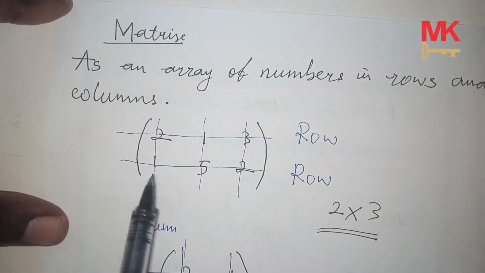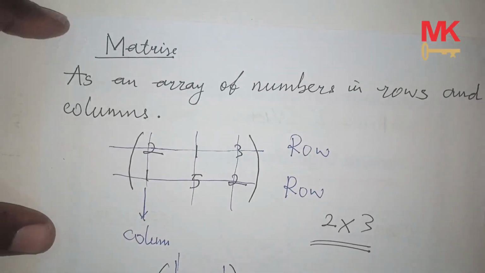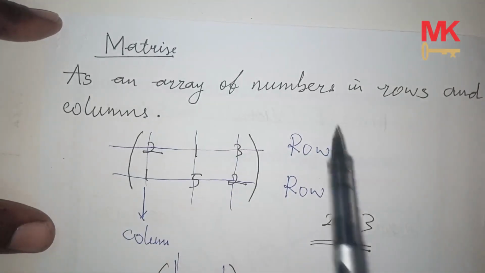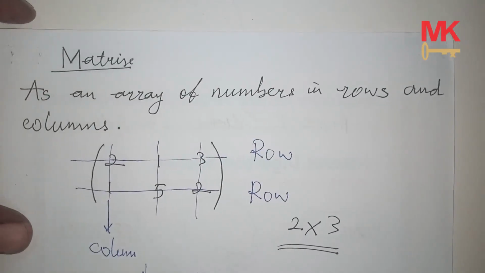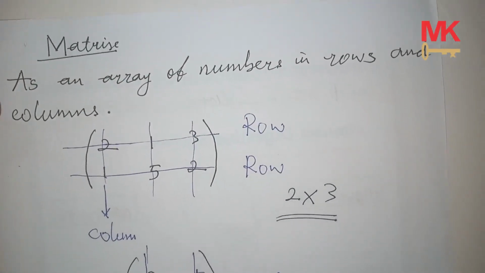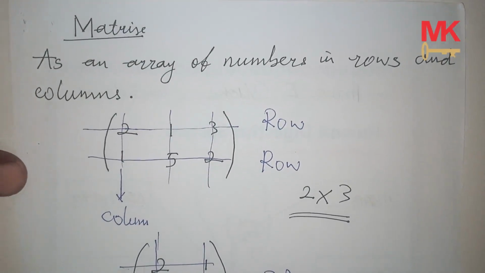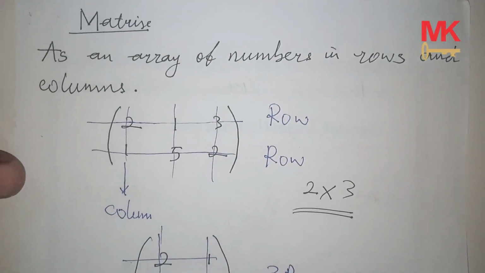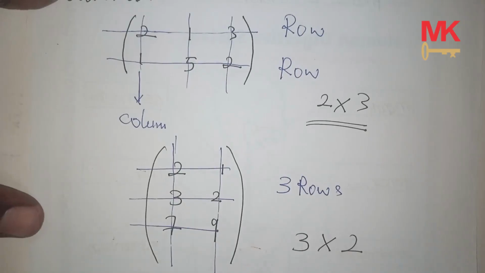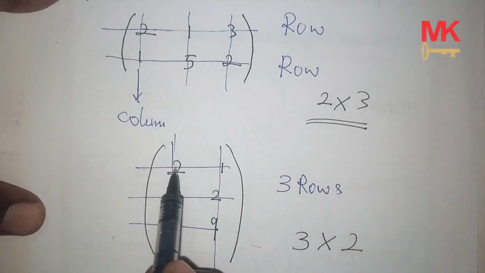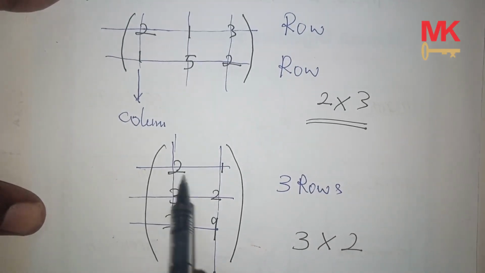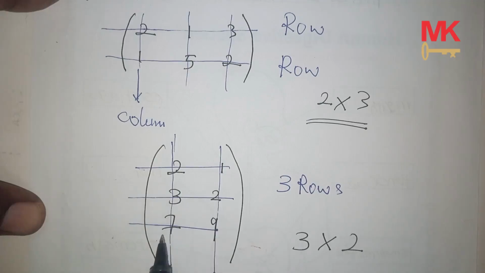So this is basically what a matrix is. It's simply an array of numbers. When we say array, we mean an arrangement of numbers in rows and columns. Very simple. And this brings us to the position of elements in a matrix, which is very important. If you look at this matrix, you see a 2, a 1, a 3, a 2, a 7, and a 9.